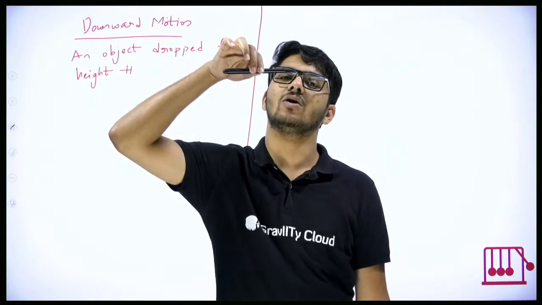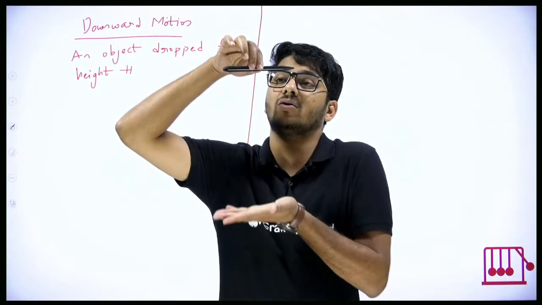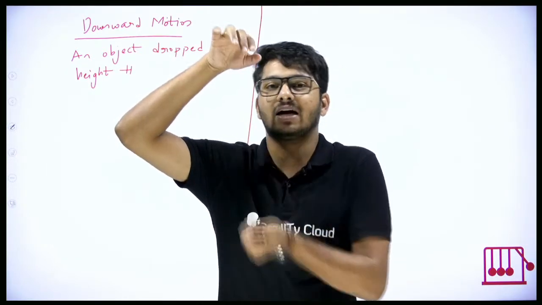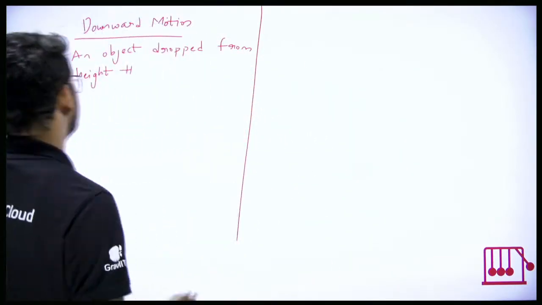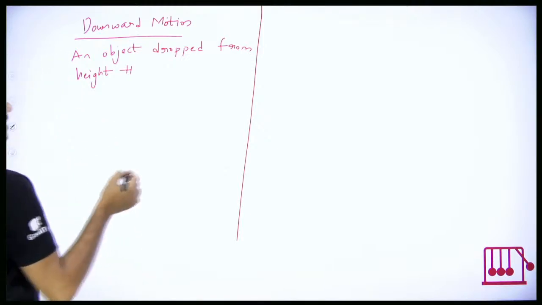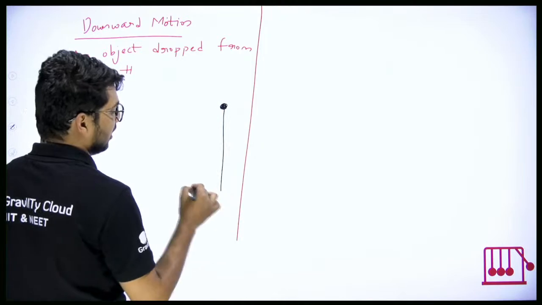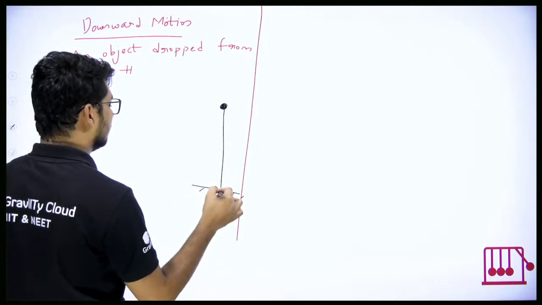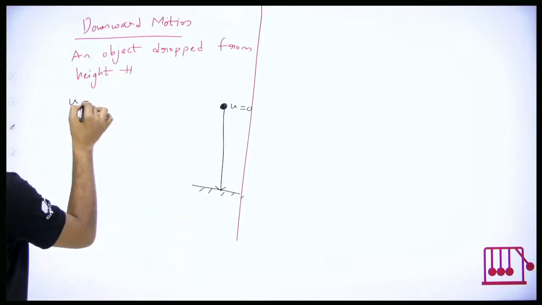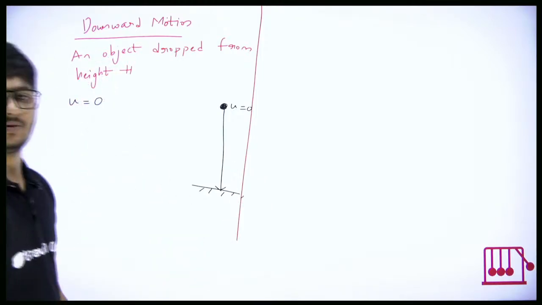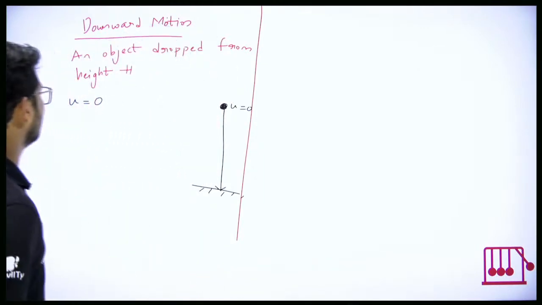Is it moving? No, so its speed is 0. At the topmost point, the speed is 0. When I drop it, it comes down. So the initial velocity itself is 0. u is equal to 0. Got it?